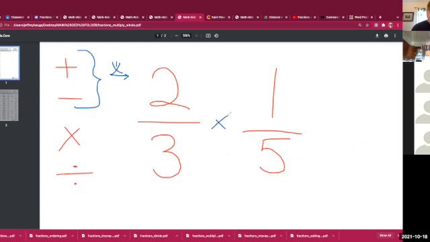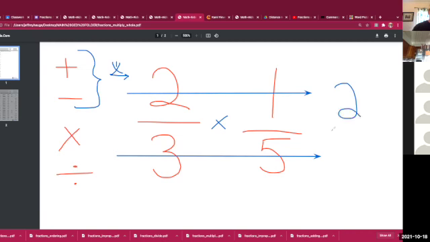is the drag race, or if you watch Rebel Without a Cause with James Dean, they called that the Chickie Run, when they go flying off the cliffs. Two cars are racing, and all we do is multiply across the top, multiply across the bottom. So that's 2, and that's 15.